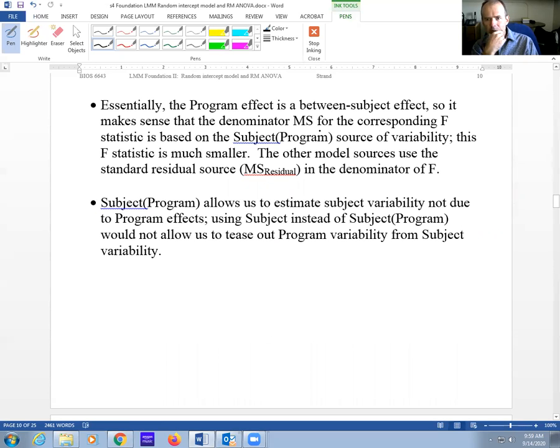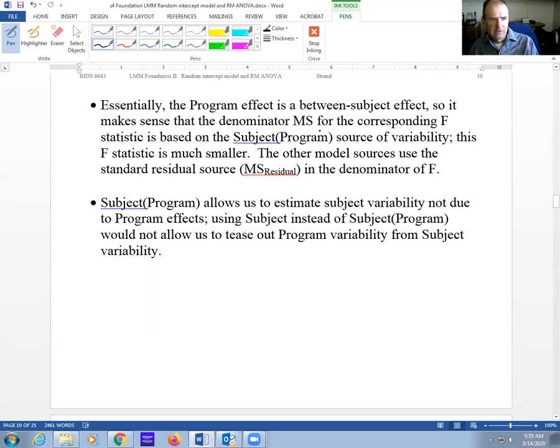Now, what Jonathan had talked about, the crossover, would be a good way to do this, but that's not how we did it. This is a parallel design, and the subjects stay in the programs that they're in. We could design a crossover, and there would be benefits to doing that. But here we're just doing a parallel design where subjects are randomized to programs. And so the program effect is a between subject effect.